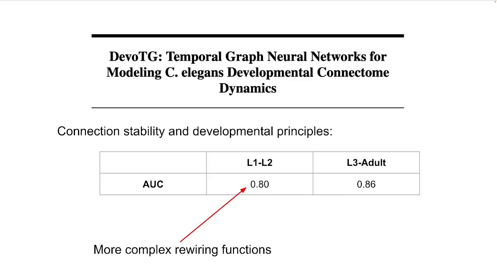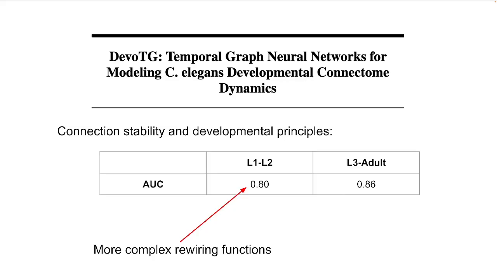This is another analysis he did. So he wanted to look at connection stability and look at what's going on in L1 and L2 versus L3 in adult. As you saw from the graph visualization, it's a denser network in the L3 in adult. But if you use this AUC analysis, you get a slightly lower AUC value for L1 and L2.